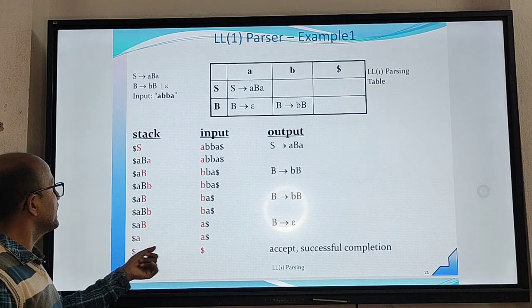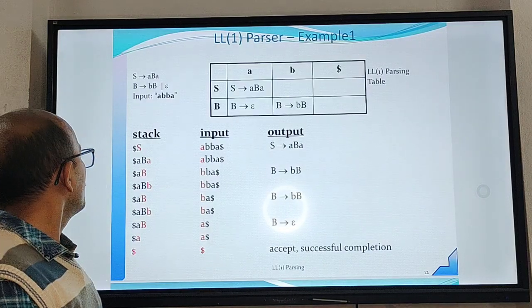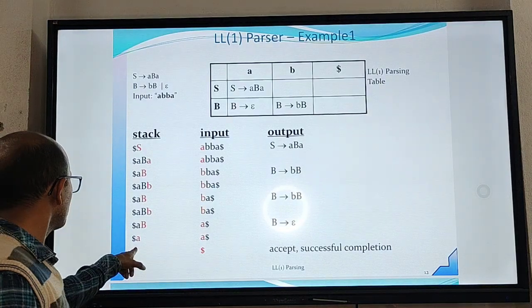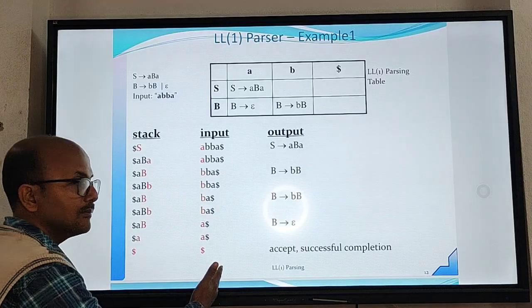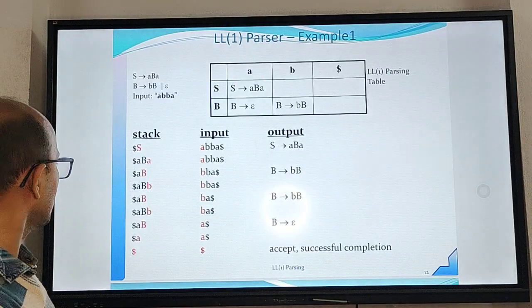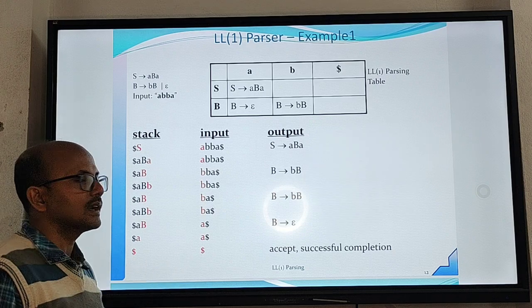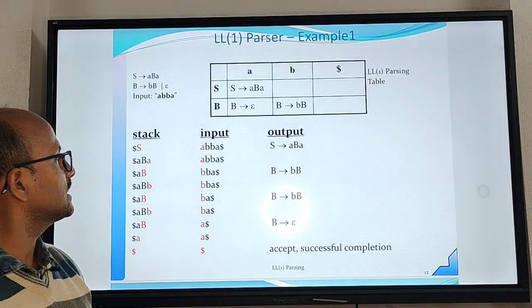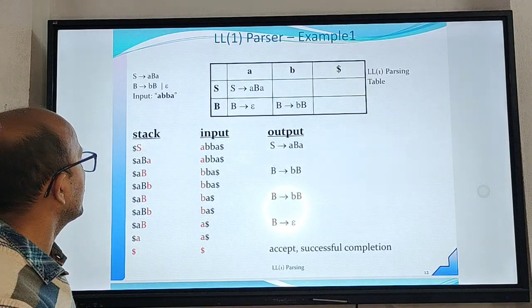Now we are left with the a in the stack, while in the input buffer a is there. So we now have a match as per rule number 1, both are terminal symbols. So we will pop it, at the same time the input buffer will be shifted leftward. So now we have the match, both are dollar at the same time. So we have the decision that the input string is generated correctly, so we will accept it.